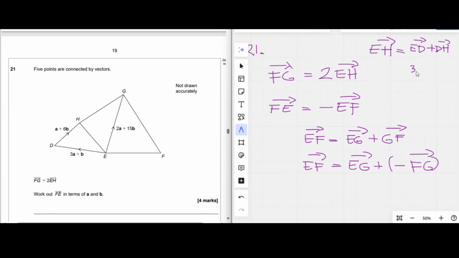So that's 3A plus B plus A plus 6B. So EH is 3A plus A is 4A, B plus 6B is 7B. Okay. So we have EH, so we can now put it in there.